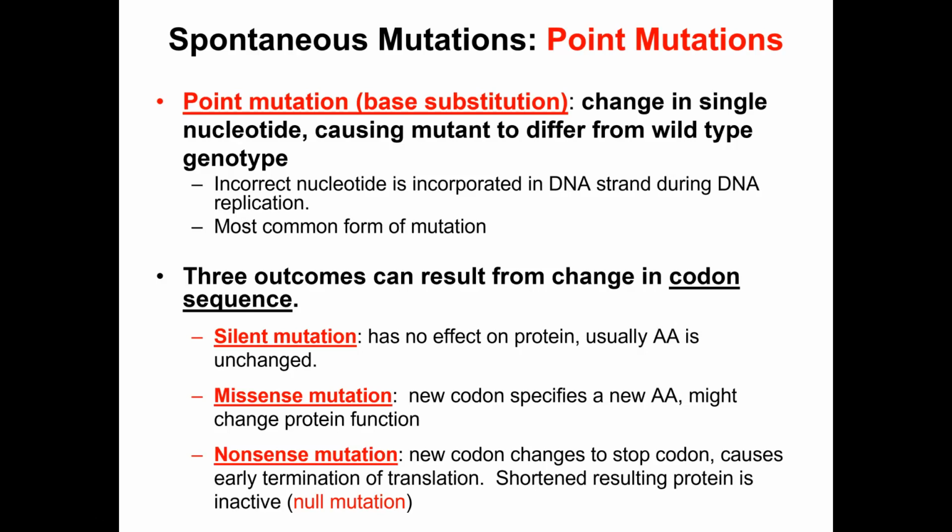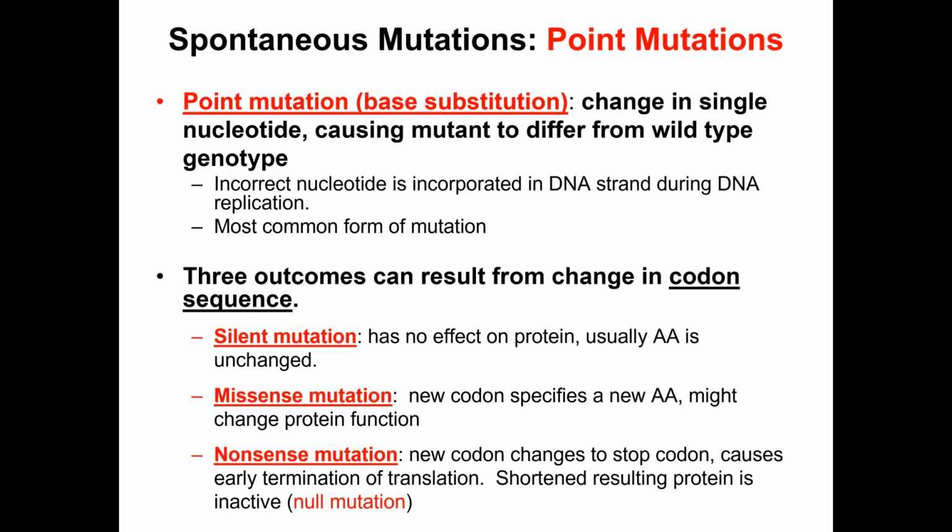You change the codon and you change the amino acid. Will that affect the protein? Depends. If your average gene is 1,000 nucleotides, that means your average protein is about 300 amino acids. So you change 1 amino acid out of 300. Is that going to change much? Depends. It'd have to be a really important amino acid.